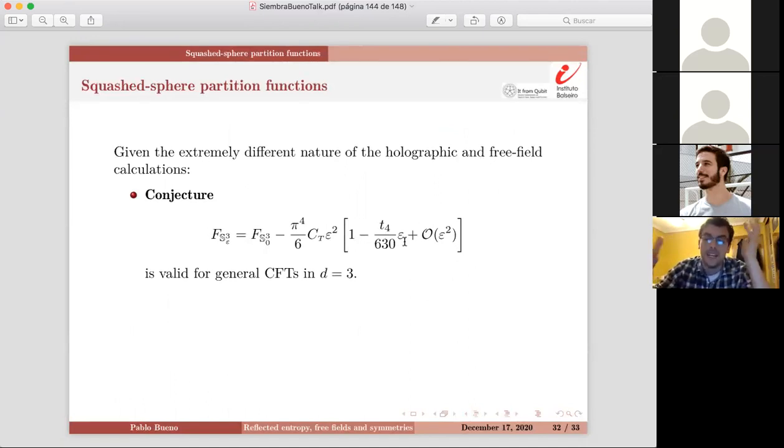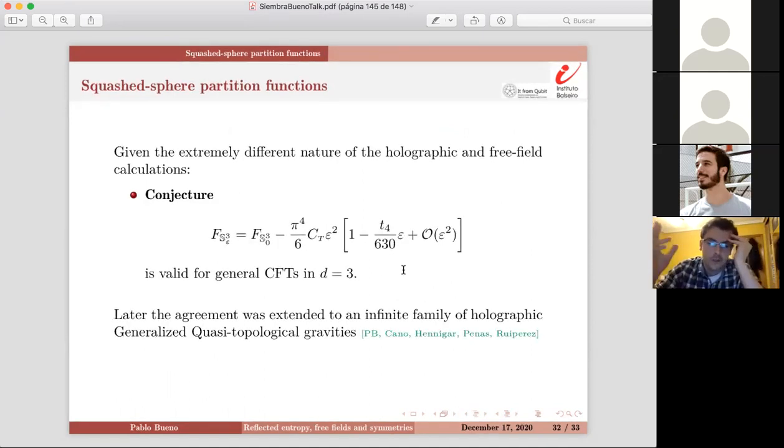So it's very likely to be true for general CFTs as well. And in fact, at some point, we managed to prove this also for an infinite family of holographic generalized quasi-topological gravities of all orders. So we are pretty confident that this is actually right in general, but it hasn't been proven using CFT methods yet.